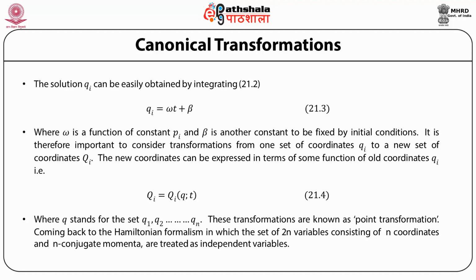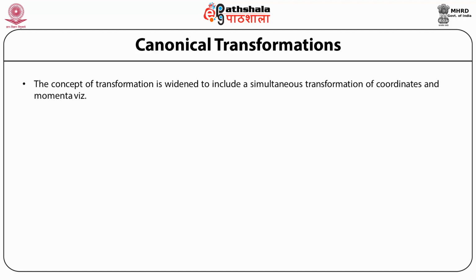Now remember that in the Hamiltonian formalism, we have a set of 2n variables consisting of n coordinates and n conjugate momenta, and they are treated as independent variables. The concept of transformation from the old coordinates to the new coordinates is widened to include a simultaneous transformation of coordinates and momenta.